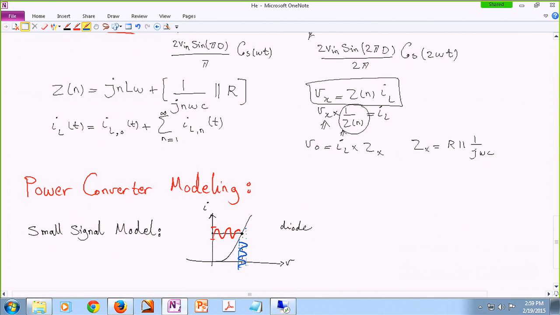Like in a diode, for a small signal model, you could say the voltage of the diode is some resistance times the current of the diode, or something like that.